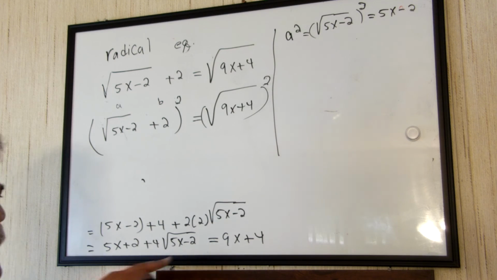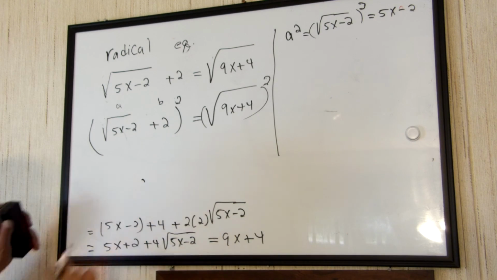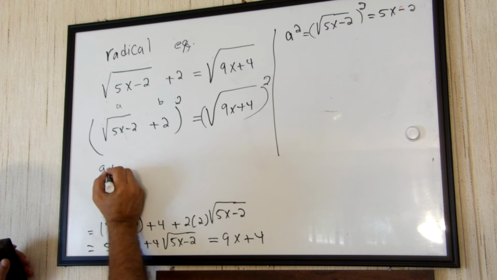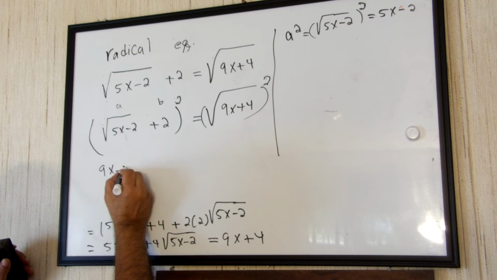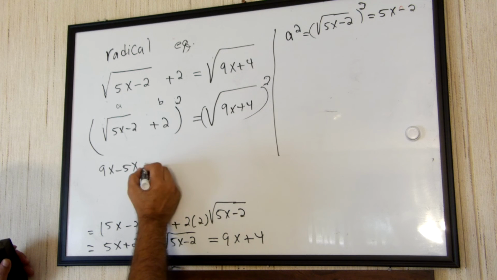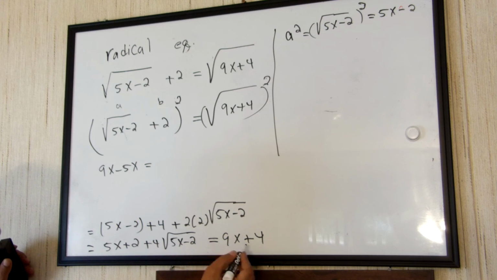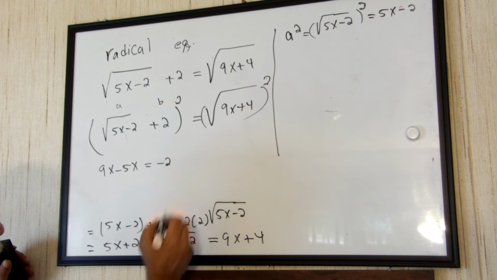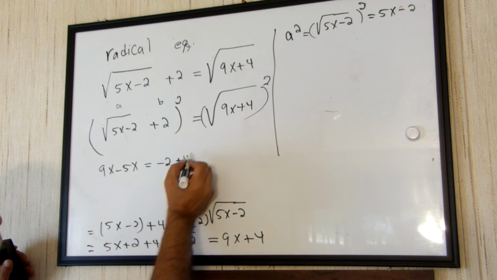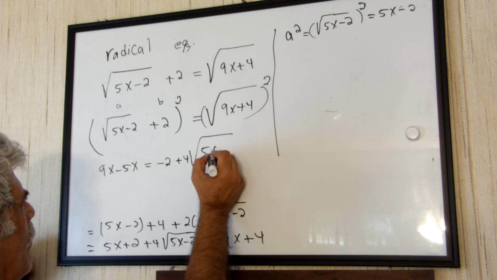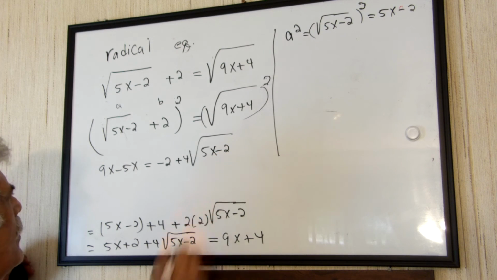Now we have this. Now we can simplify a little bit more. 9x is going to go there, minus 5x, it changes sign, and this one is going to come over here, minus 4 plus 2 is going to be minus 2, and we have plus 4 radical 5x minus 2.